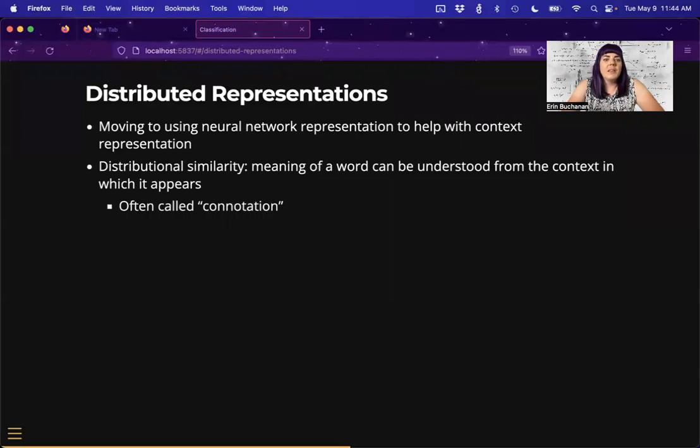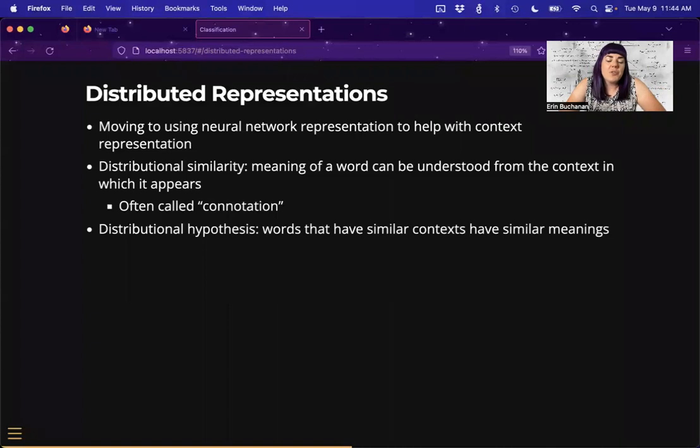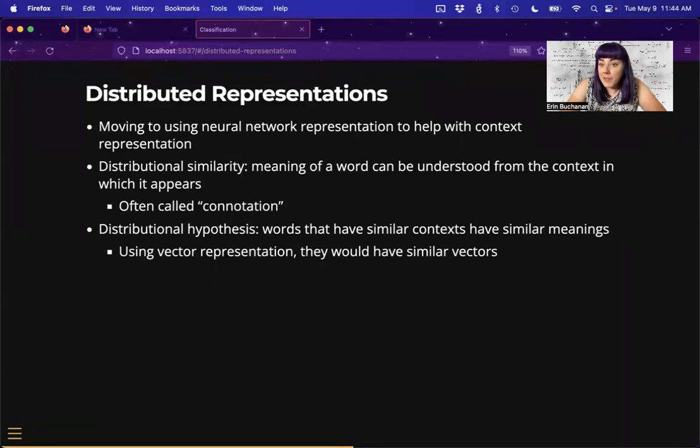If we were doing this in real linguistics or in an English class, we would talk about this as connotation, right? So the distributional hypothesis is that words with similar contexts have similar meanings, and documents with similar contexts have similar themes, underlying representations. Using a vector representation, making this math, that means they have similar vectors.